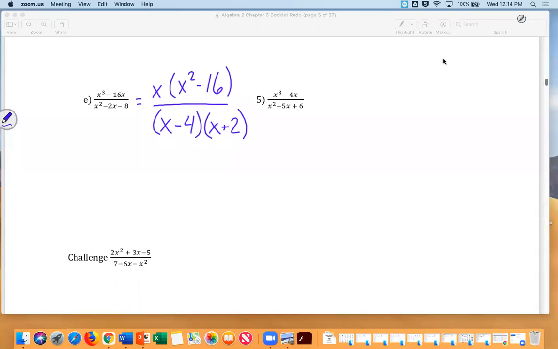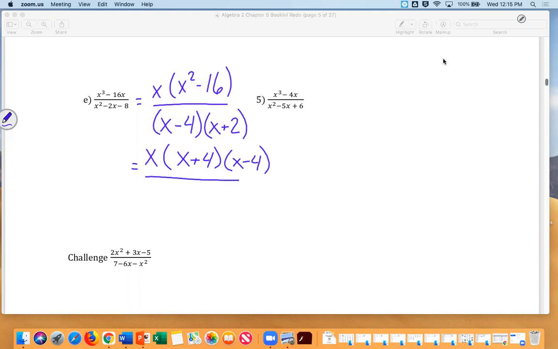So far, so good. Now, there's nothing I can simplify here because I did not factor that x squared minus 16. What are the factors of -16 that add up to 0? 4 and -4, right? So we have x plus 4 and x minus 4.